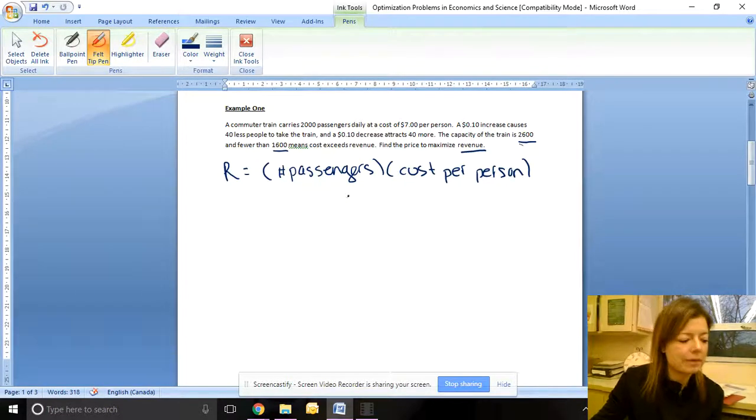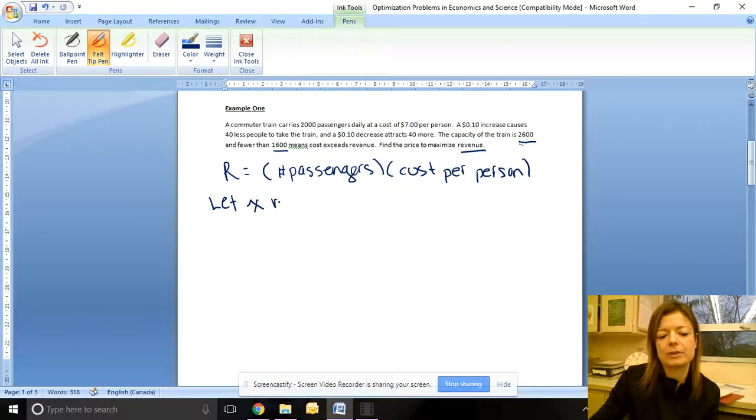So we want to have a common variable here, which is going to be the number of times we increase the price by 10 cents. So we'll say let X represent the number of 10-cent increases. That is the simplest way to do it.